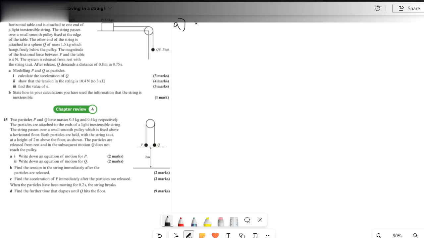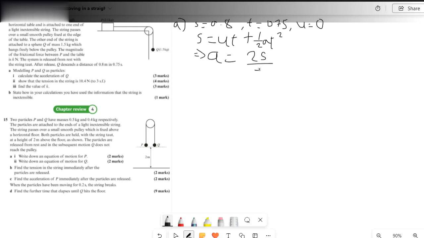Because we know that s is 0.8 and time is 0.75, and initially it was at rest so u is 0, we have to find the acceleration. Using the equation s equals ut plus half a t squared, we can make a the subject and we get 2s divided by t squared because u is 0.